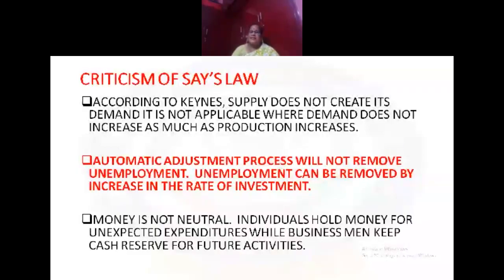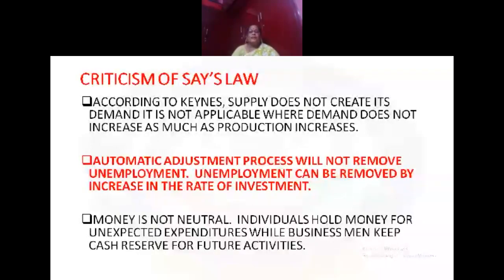He is criticizing Say's law by telling that supply does not create its own demand. It is not applicable where demand does not increase as much as production increases. If production keeps increasing, Keynes says demand will not increase, because it is the interest of the people to buy.